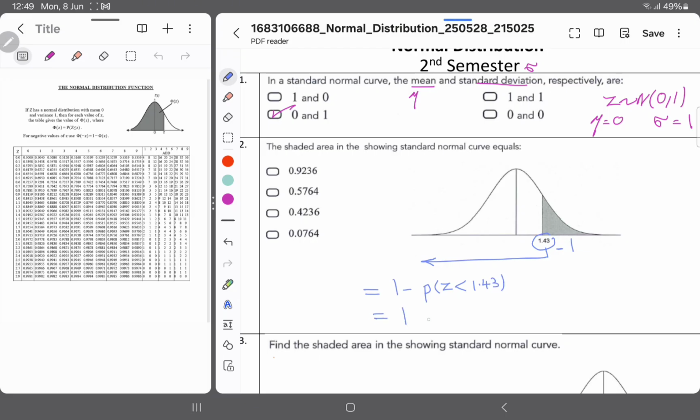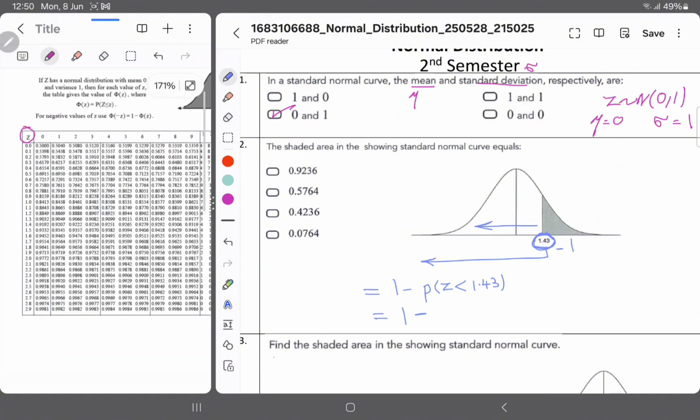And as we know, if z is positive like 1.43 and the area is on the left, we can use a table to state that. So to use the table here, we just look for the values of z. Z is 1.4, so we go to 1.4.